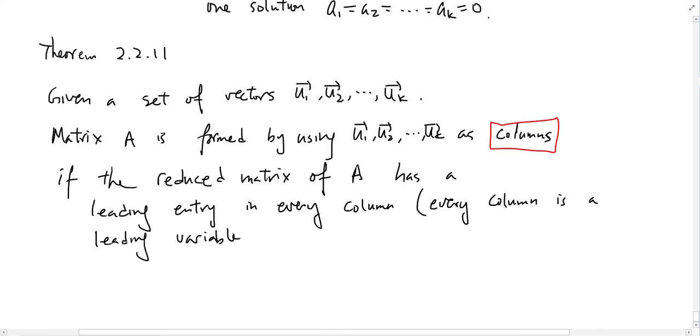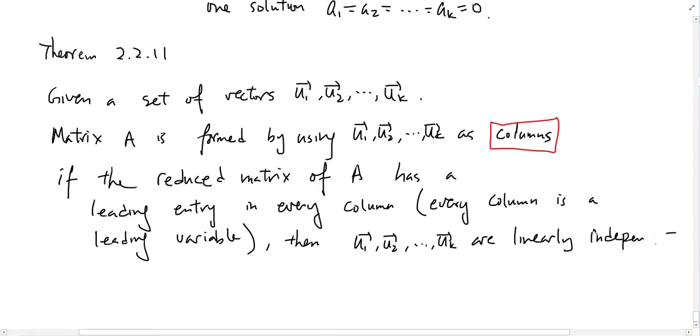So make sure you go back and look at that if you don't remember. So if every column is a leading variable, then this set of vectors u1, u2, to uk are all linearly independent. So if in the reduced matrix every column is a leading variable, then the set of vectors is linearly independent.